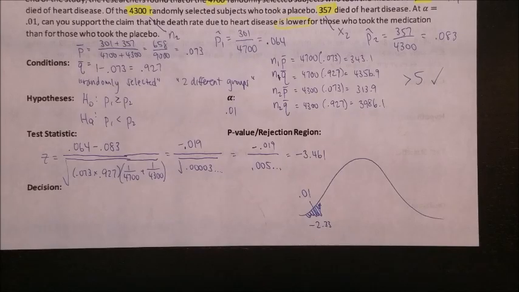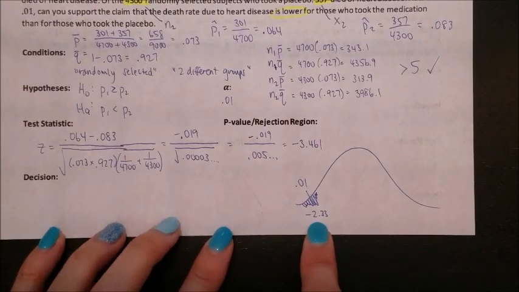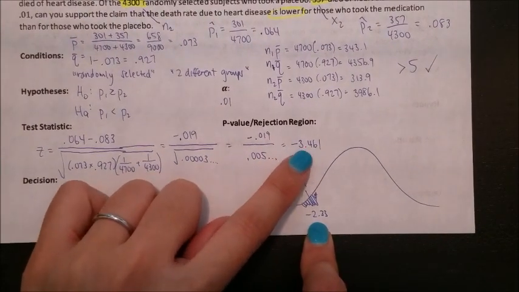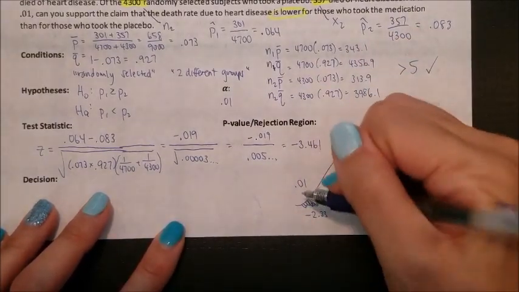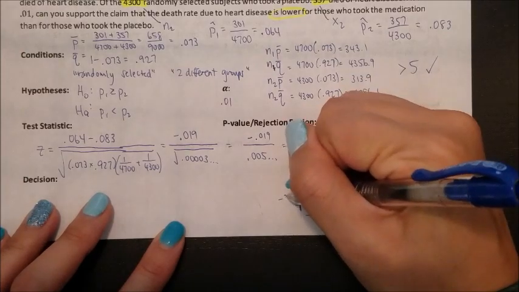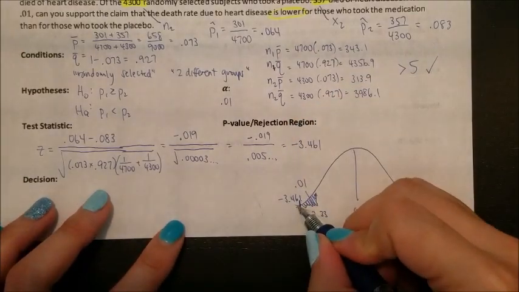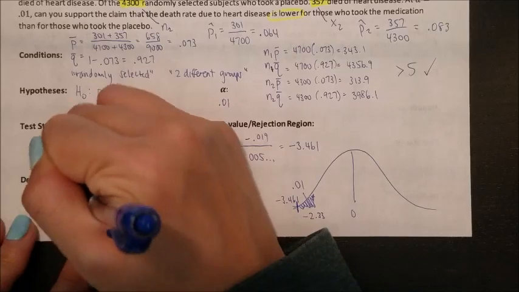So our critical value is negative 2.33, but our test statistic was negative 3.461. And with 0 in the middle, negative 3.461 would be somewhere way out here. So again, that would fall under the shaded region, so we would end up rejecting H0.